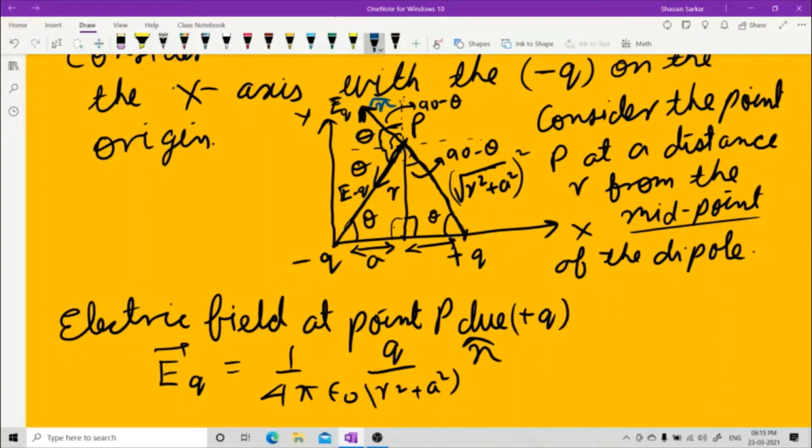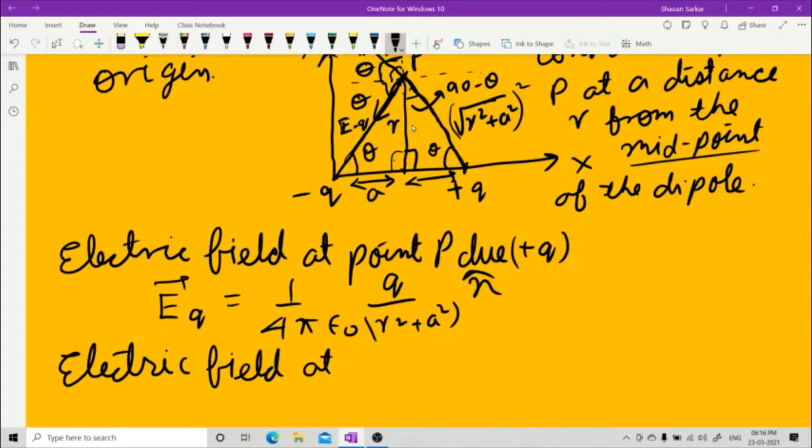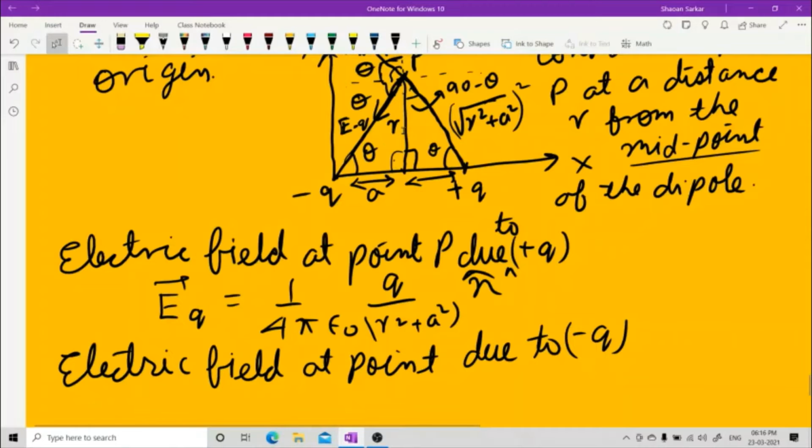Now you have to write the electric field at point P due to minus q. I forgot to write here plus q. Now the electric field here, E minus q, would be 1 by 4 pi epsilon naught q upon r square plus a square.